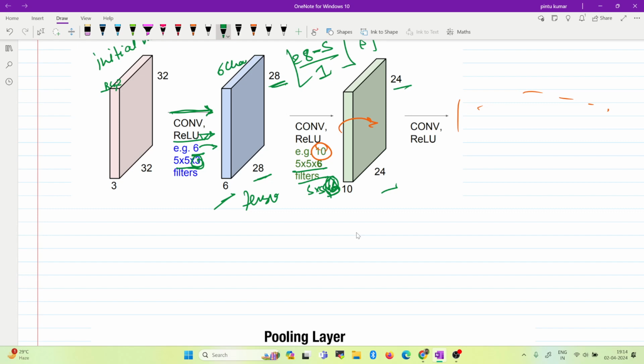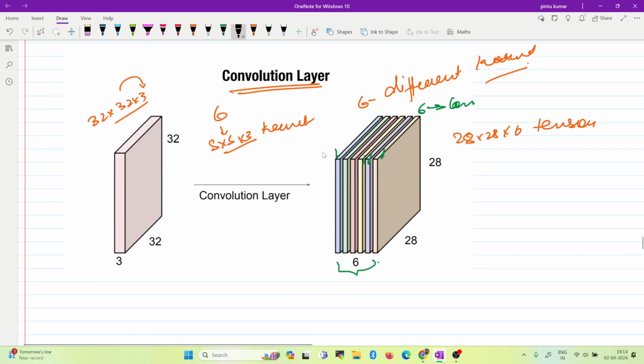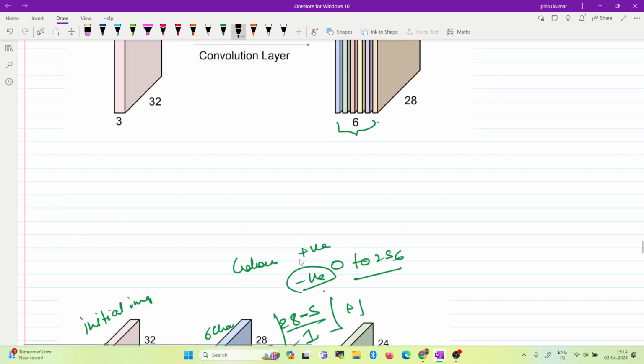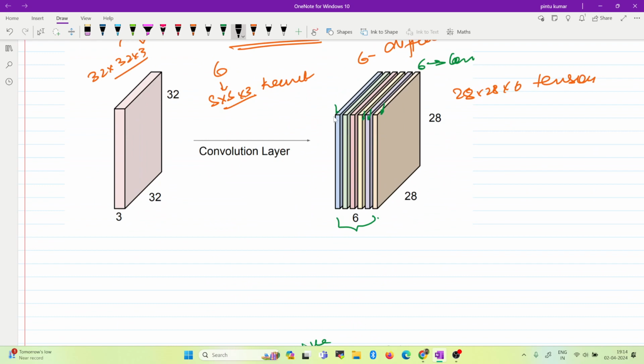Sir, my question is that you have used multiple filters, isn't it? Here we have 6, here we have 10. What you mean is that each filter has different values. Am I right, sir? Yes, each filter will have different values. If the first filter is convolved with the input image, you will get one set of features, something like the blue feature that we have over here.